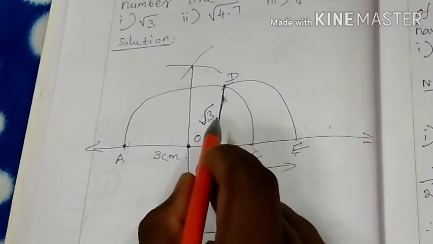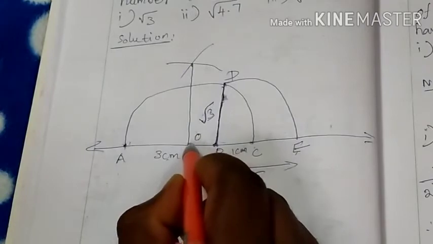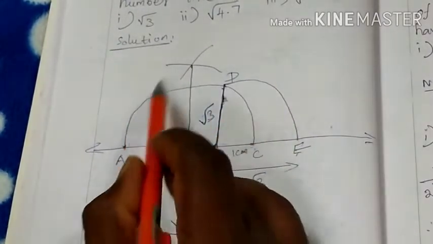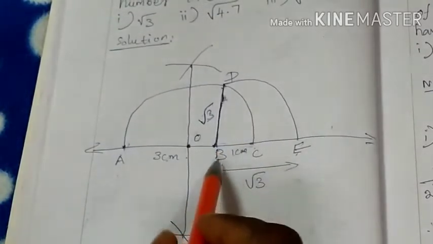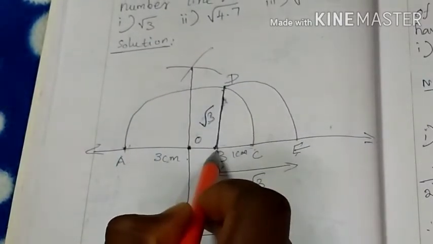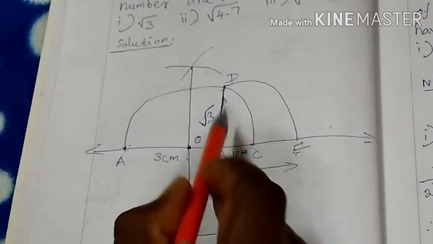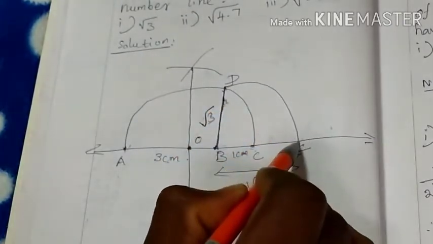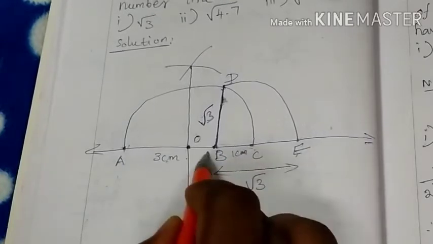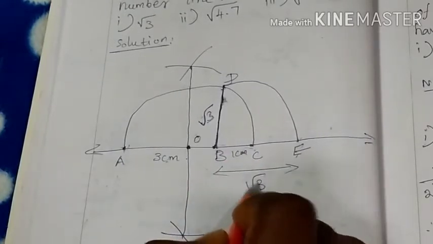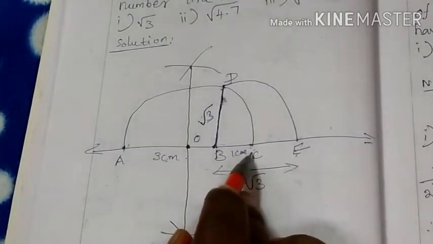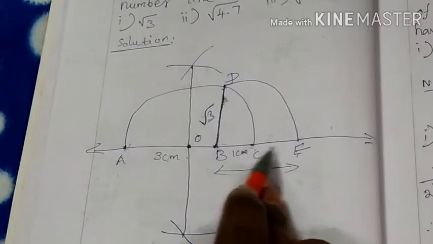Then with O as center, OC and OA as radius, draw a semicircle. Then using the set square, draw a perpendicular line BD to AB. Then with B as center and BD as radius, draw an arc intersecting the line at E. Now BE is equal to root 3 and BD is equal to root 3. That's all, the representation of the irrational number on the number line.